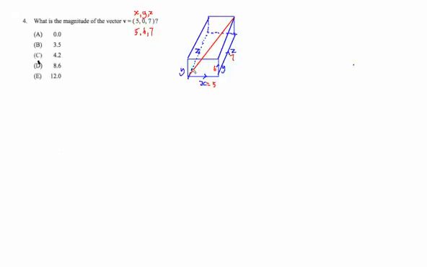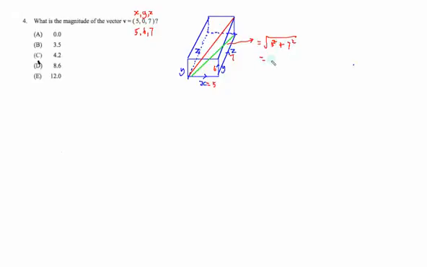If you want to find the magnitude of this, first you have to find this between the x and the y. Between the x and y, the magnitude is equal to the square root of 5 square plus 7 square.